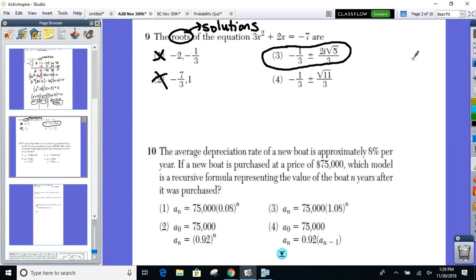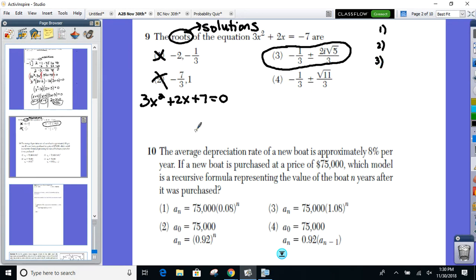First step, move 7 over. Yep, get it equal to 0. 3x squared plus 2x plus 7 equals 0. All right, nobody could do it 5th period, so let's see if you can do it. To solve for x, anything with a squared, you have 3 options right now.